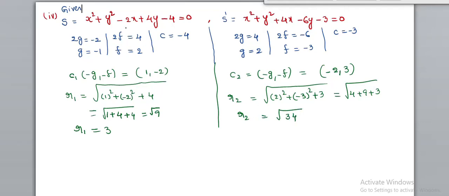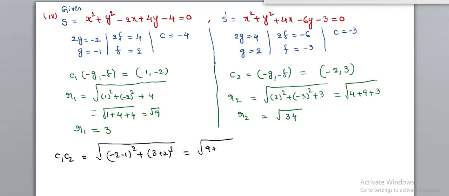So first we find out the distance between the two centers C1 C2, which is equal to the square root of (x2 minus x1) whole square, (minus 2 minus 1) whole square, plus (3 plus 2) whole square, 9 plus 25, also root 34.